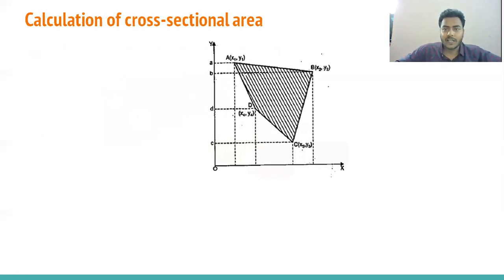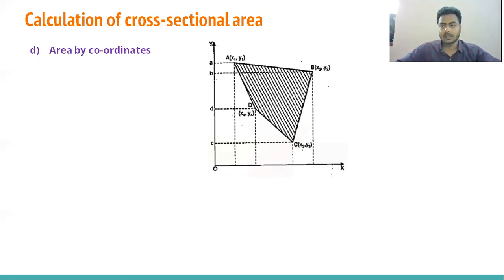Calculation of cross section area by the coordinate method. We have to calculate the area of this shaded portion, and coordinates are given for each point A, B, C, D: x1, y1, x2, y2, x3, y3, x4, y4. So how can we calculate the area of this portion?